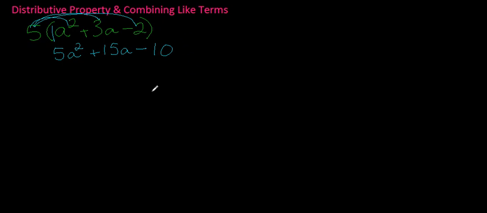Now we need to review like terms. Like terms have the same variables and the same exponents. So if we look at this problem, you might be tempted to put 5a squared and 15a together because they both have a as the variable, but they must also have the same exponent.